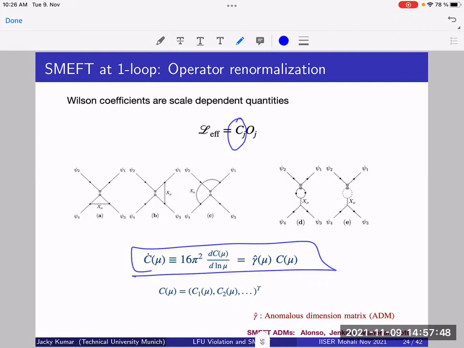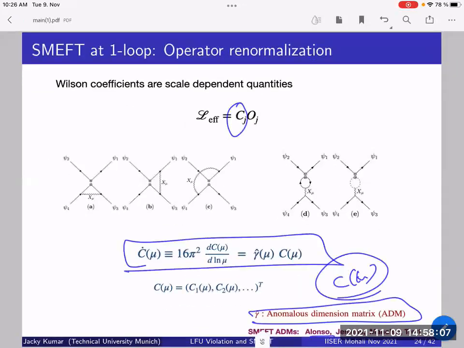By solving them, you can find C as a function of mu. This is a feature of renormalization, that these Wilson coefficients run. And for SMEFT, Jenkins, Alonso, Manohar and Trott have computed the full anomalous dimension matrix for the full basis of SMEFT.